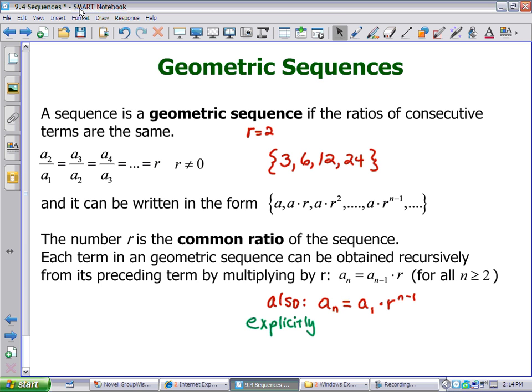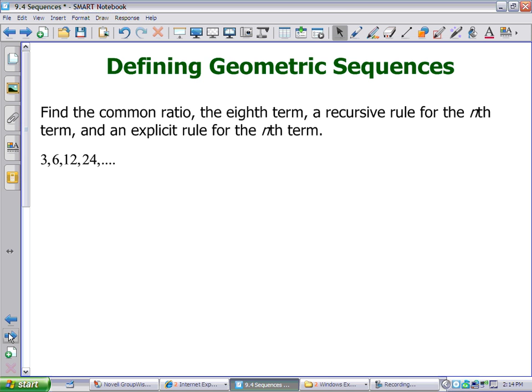All right, so let's try defining some geometric sequences. Here they're asking us to find the common ratio, find the 8th term, write a recursive rule for the nth term, and write an explicit rule for the nth term. So finding my common ratio.